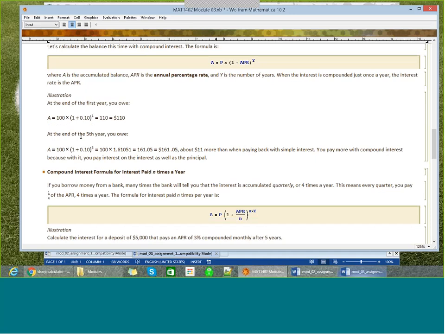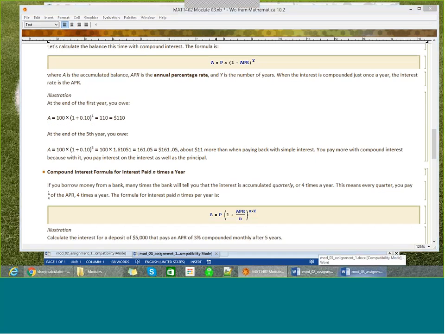And if you do the same thing for 5 years, it's 100 multiplied by 1 plus 0.10 raised to the 5th power. If you do that calculation and chop it off at 2 decimal points, you should get 161.05. Julie, can you try that and see if you get 161.05? Make sure you know how to do that.